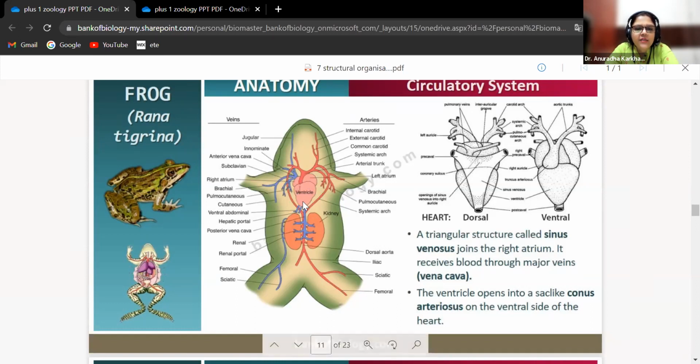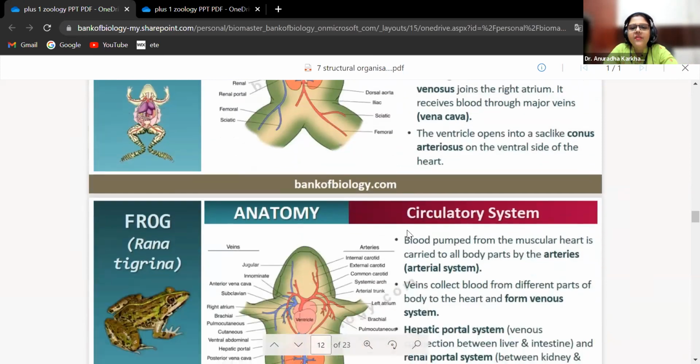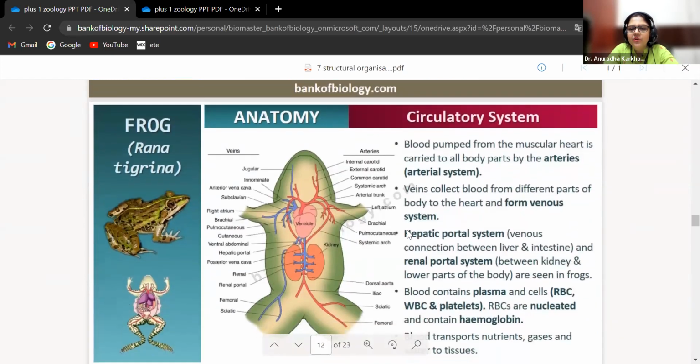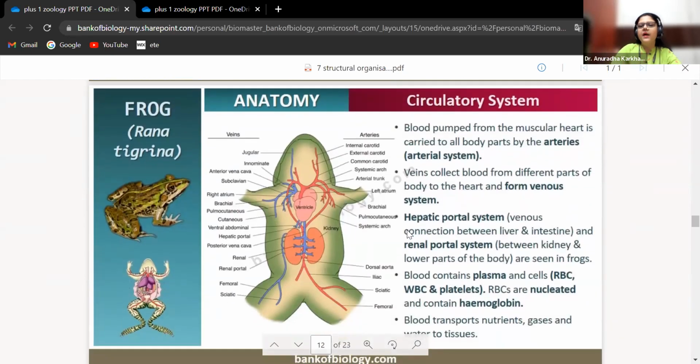Okay, ये cone-like structure है. इधर जो उस blood को लेके जाएगा arteriosus में. ठीक है. Blood pumped from the muscular heart is carried to all body parts by the arteries, just like us, arterial system. Veins collect blood from different parts of the body, bring it to the heart, venous system.